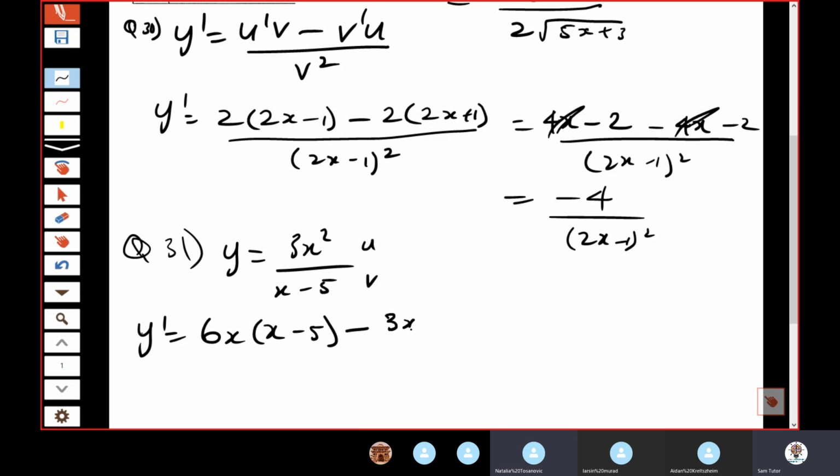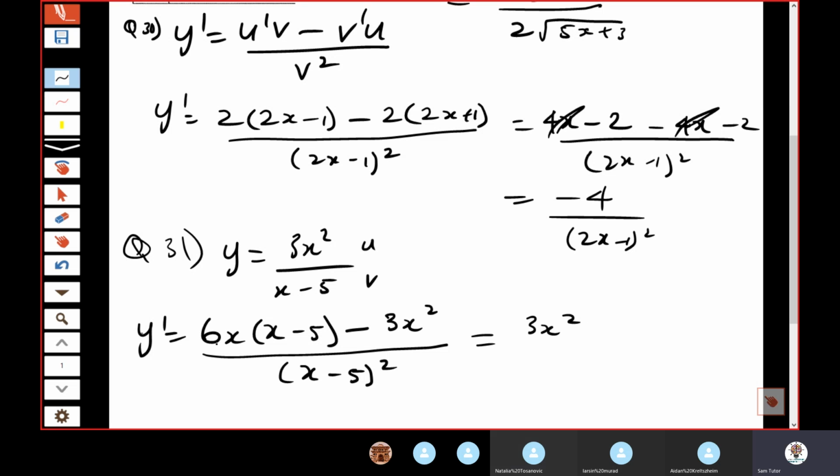3x squared. Yeah, I usually don't write 1. As you guys are in your 3rd week of this, I don't really keep writing 1s if there's 1, so just 3x squared. Beautiful. Over x minus 5 squared. Yeah, you pretty much get it. 6x squared, take away 3x squared is 3x squared.